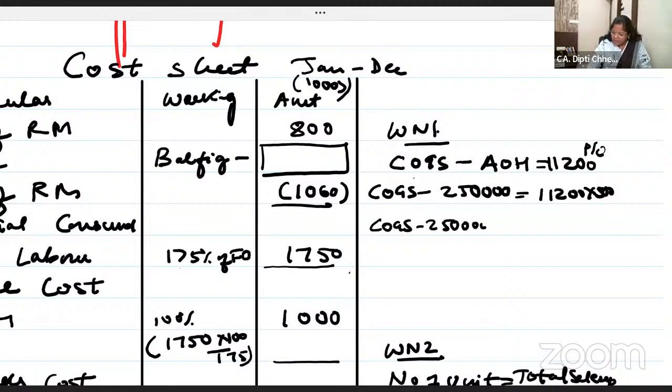COGS minus 250,000 is 11,200 into 500. It's like 56 lakhs.